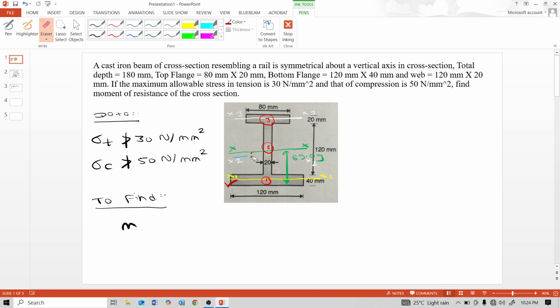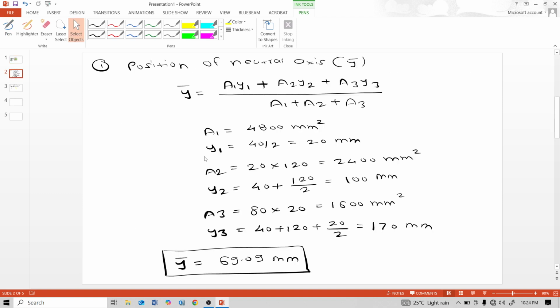From the bottom fiber, the x2 distance is y2, which for the web is 100 mm.